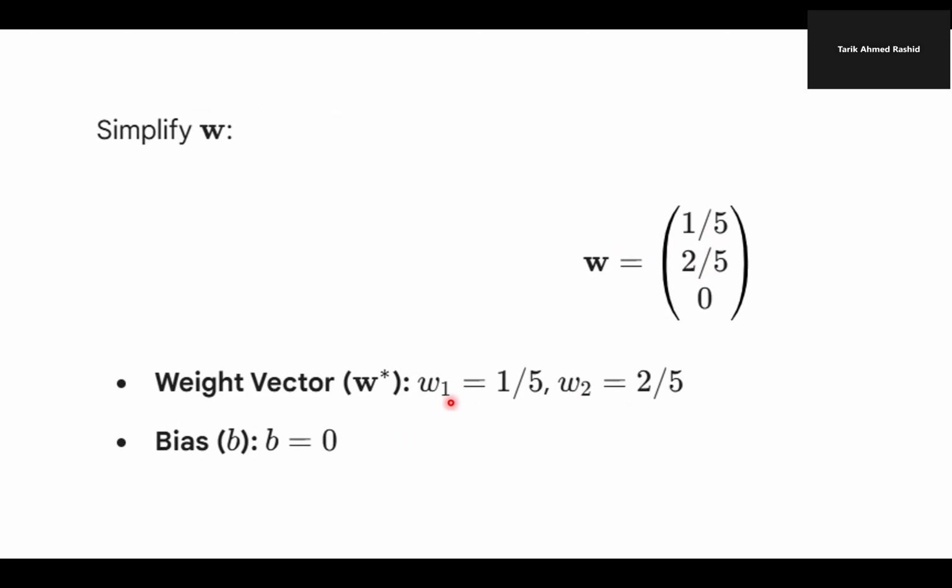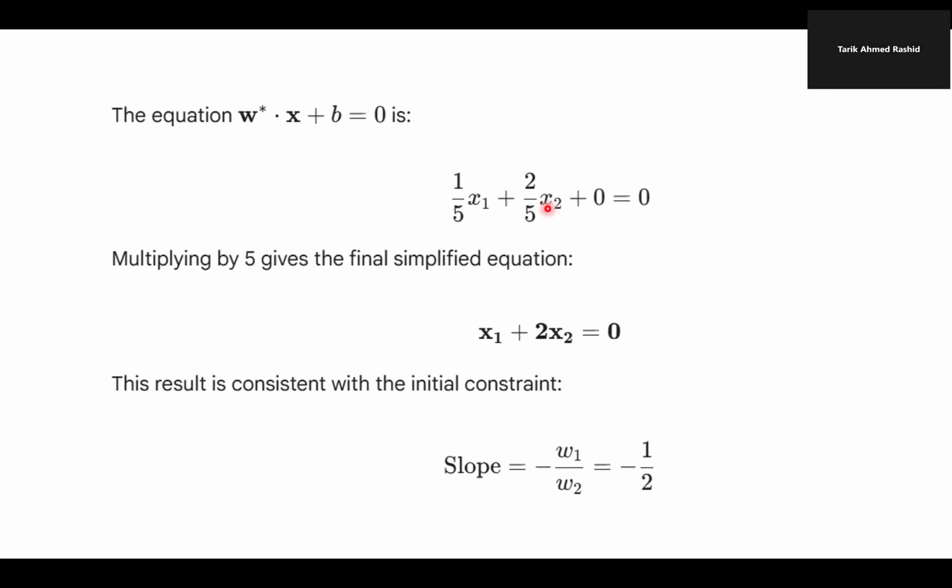Now for the line, our slope is a half, because if we multiply by 5, 1 over 5 x1 plus 2 over 5 x2 plus 0 becomes 1 x1, 2 x2, and 0.